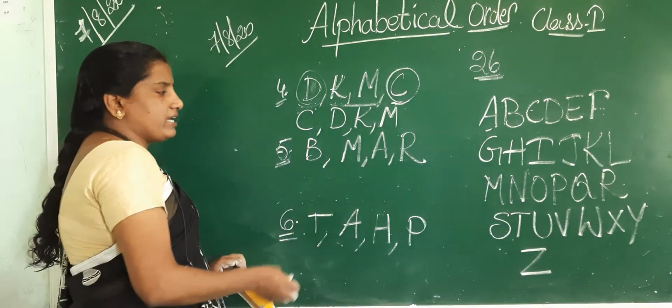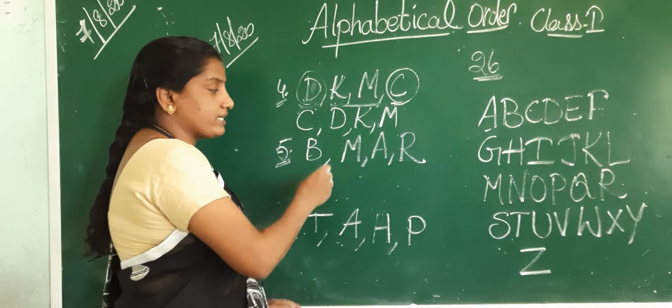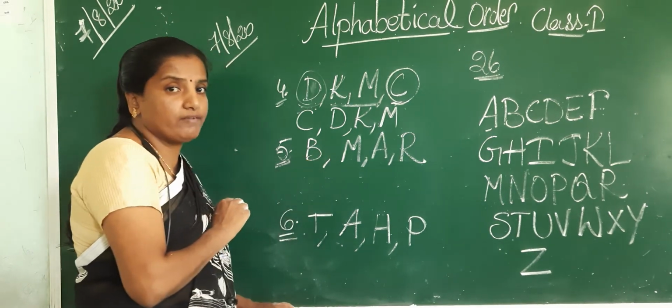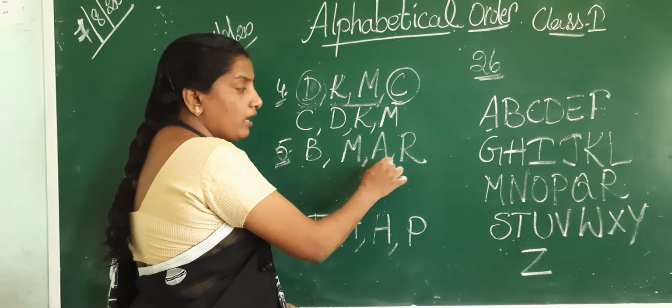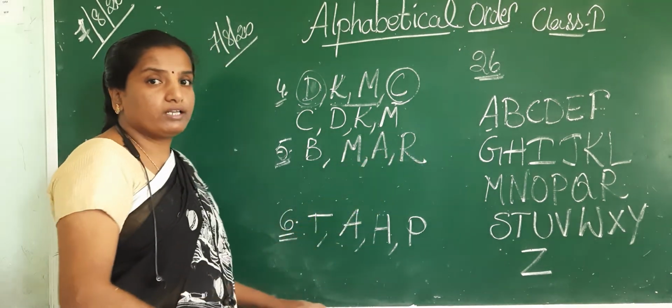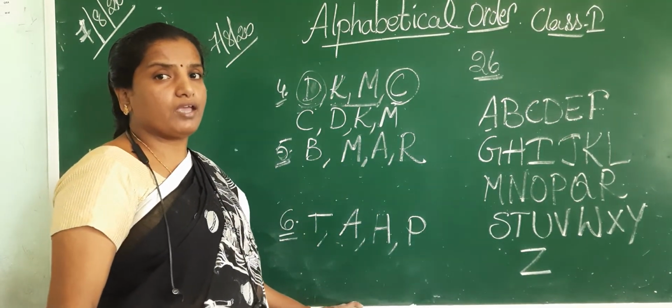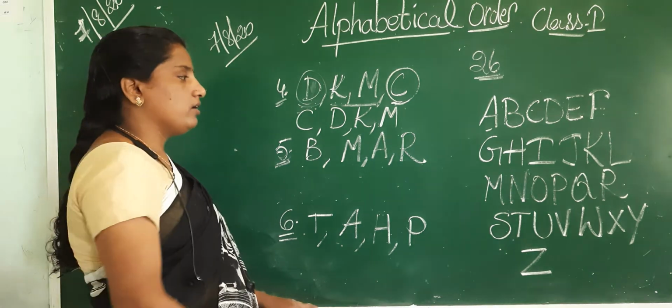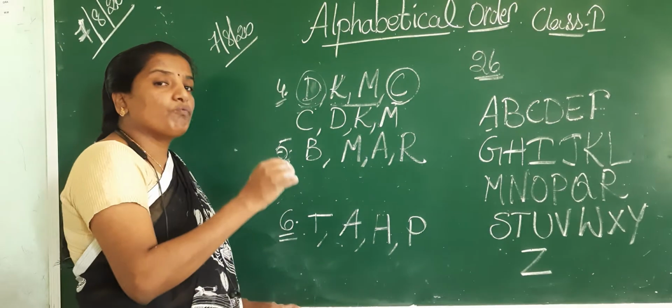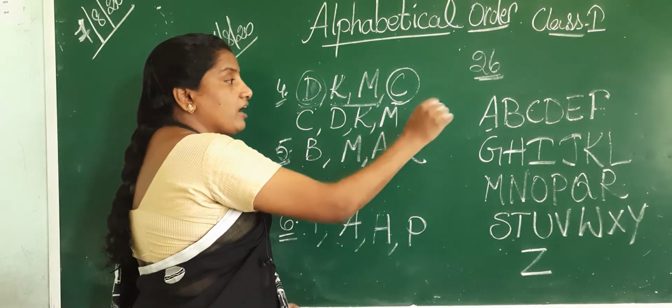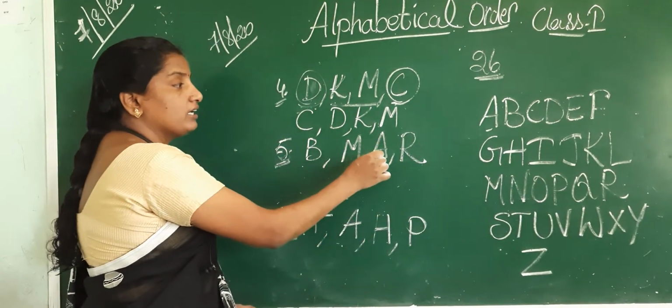Coming to the next example. What are the letters given to you? B, M, A, R. Out of these letters, which letter comes first in the English language?